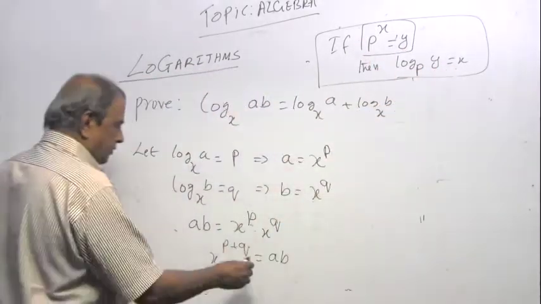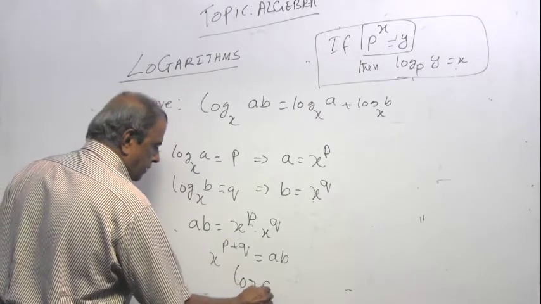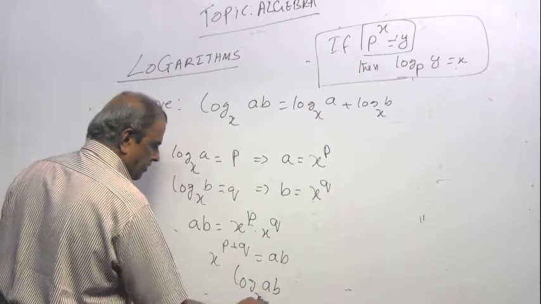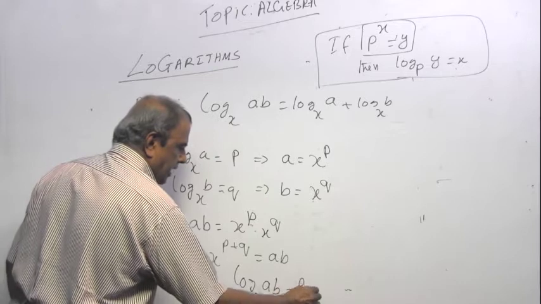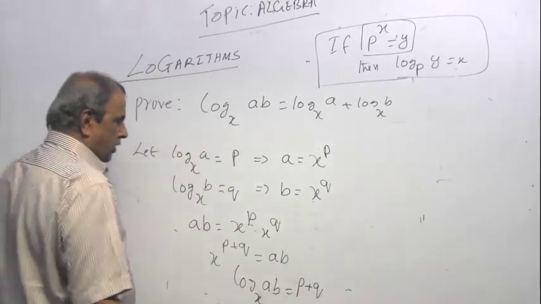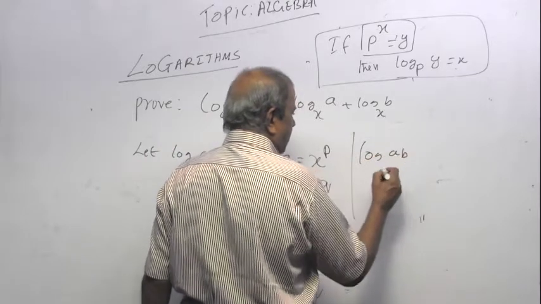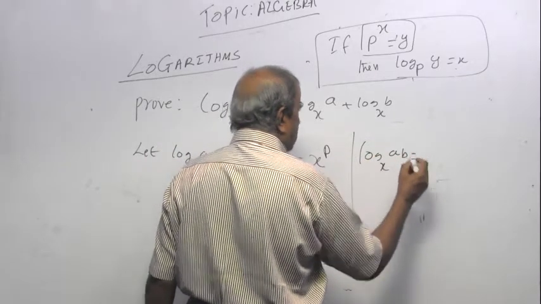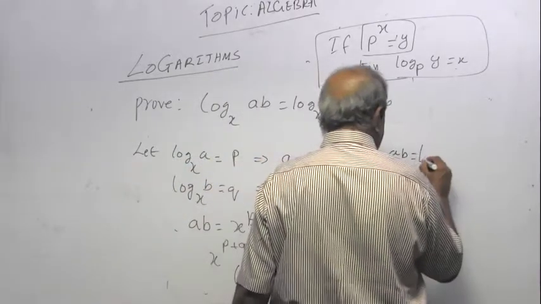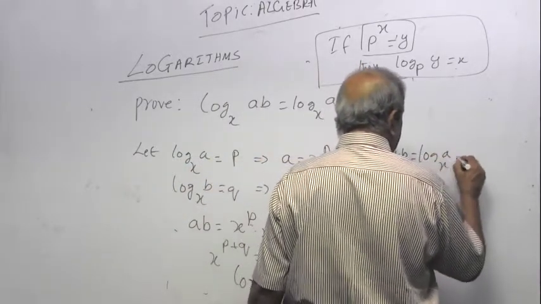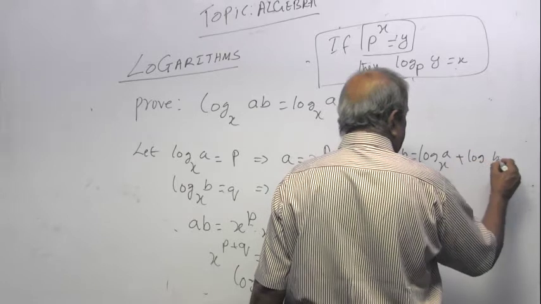So, logarithm of the number ab to the base x should be equal to p plus q. But what is p? So, logarithm of ab to base x is equal to p, which is log a to base x, plus q, which is log b to base x.